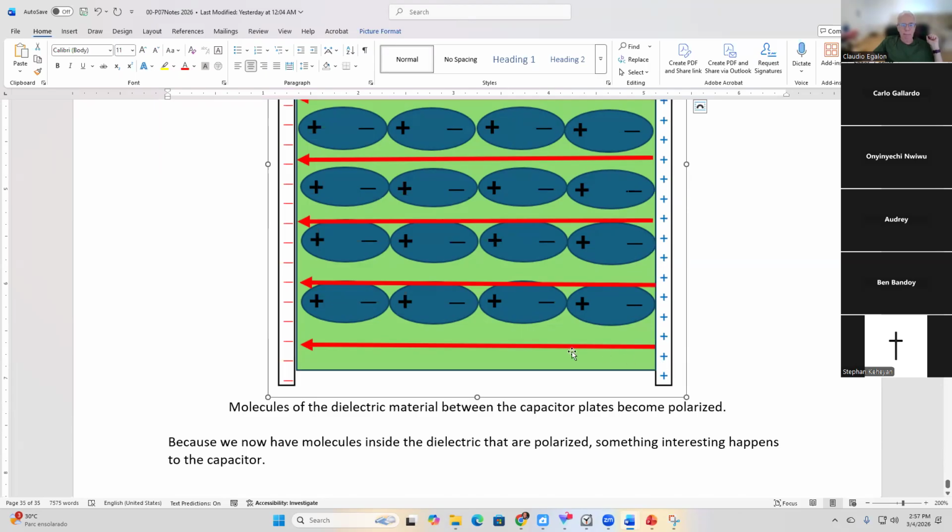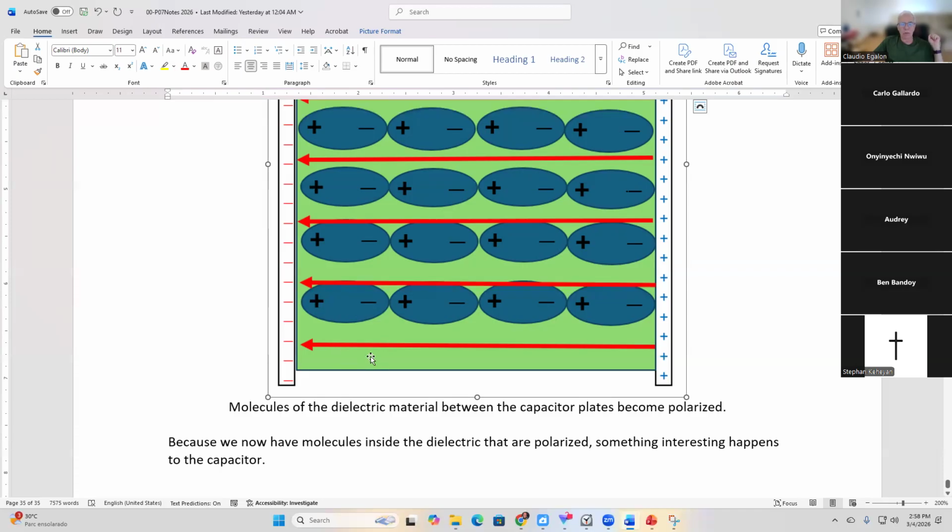When something like that happens, what does it mean? We create an electric field inside the molecule itself, an electric field that goes from the positive charge to the negative charge. Can you picture that?